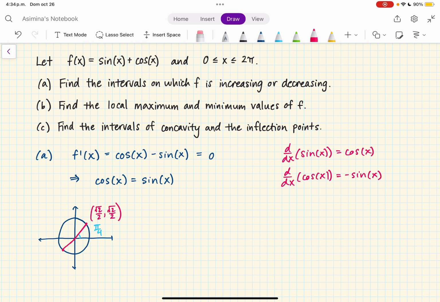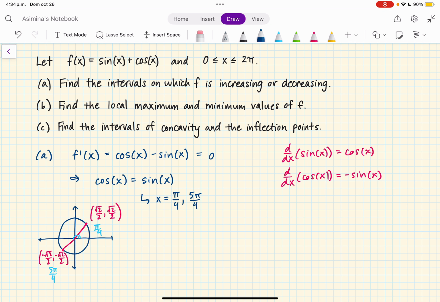So this point is minus root 2 over 2, comma minus root 2 over 2. And this angle here is the angle 5 pi over 4. Okay, great. So this tells me that x is equal to pi over 4 and 5 pi over 4. So these are the critical numbers.